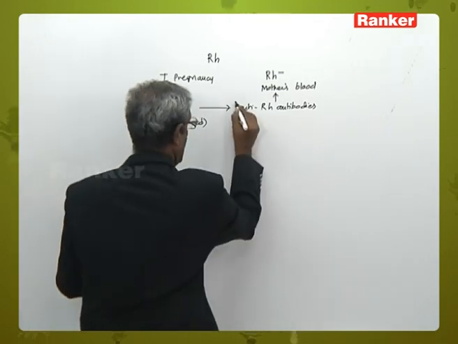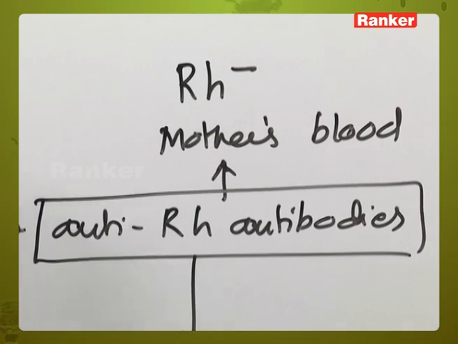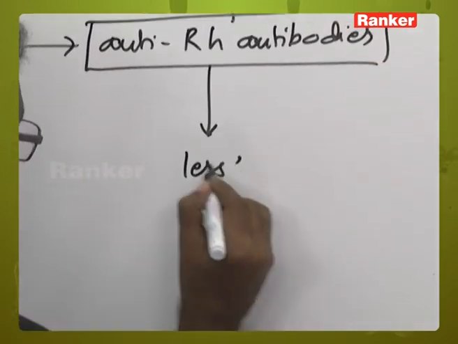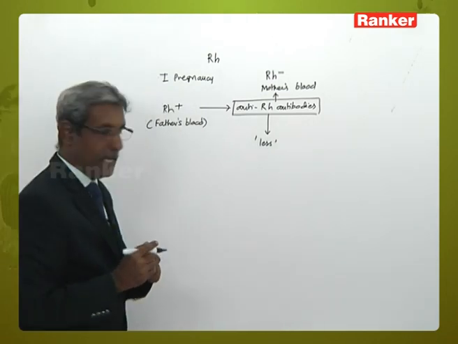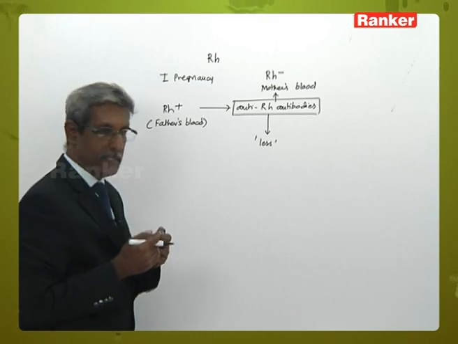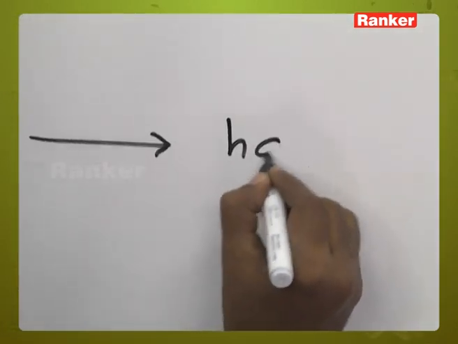Now, these anti-Rh antibodies are not produced in sufficient number. They are produced less in number, so they are not present in enough quantities, and thereby they do not harm the fetus.